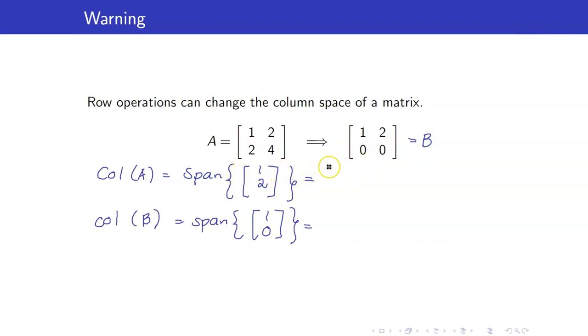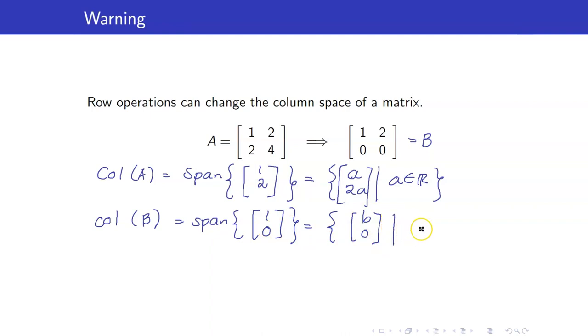The span of (1, 2) would be all scalar multiples of (1, 2). So it is of this form, (a, 2a), where a is any real number, correct? Whereas the span of (1, 0) would be of this form, (b, 0). These are all scalar multiples of (1, 0). So hence, the column space of A is not the same as the column space of B.